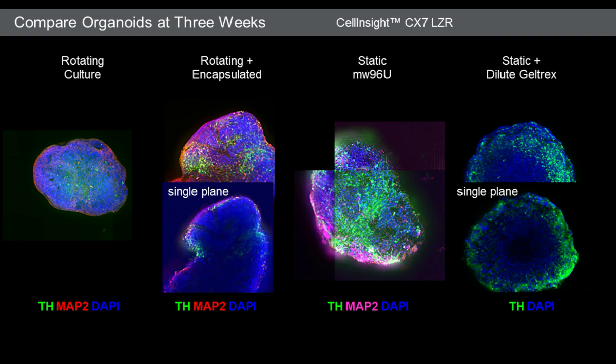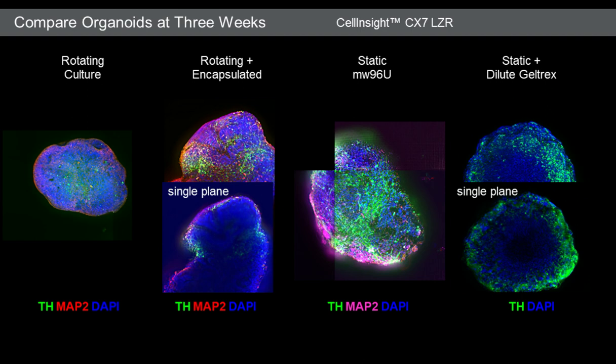Now, the organoids that were specified in static culture in a U-bottom plate look at 3 weeks a bit like the embedded organoids. DAPI shows that the structure is less compact than the free-floating organoids and features a population of elongated TH-positive neurons like the embedded organoids.